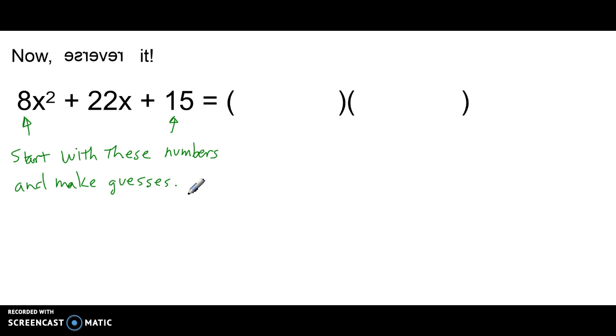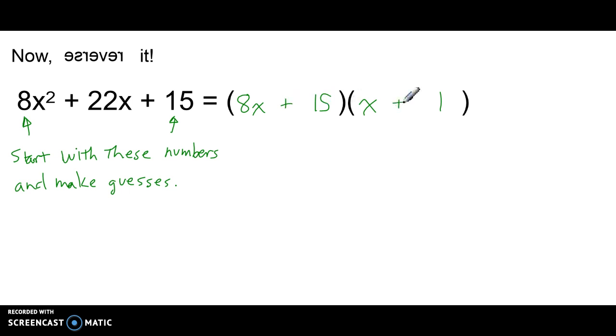So for example, with 8x squared, that had to come from the first part of the first one and the first part of the second one. So if you think of a way to break up 8x squared, like, I don't know, 8x times x, you don't have to worry about which parts of the polynomial produced that. No, they were the first parts. Same thing with the 15. If you think of a way to break up 15, like say 15 and 1, then that's where those numbers go. And then make sure you check.